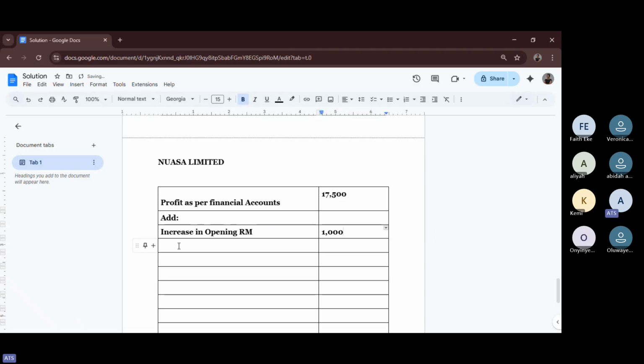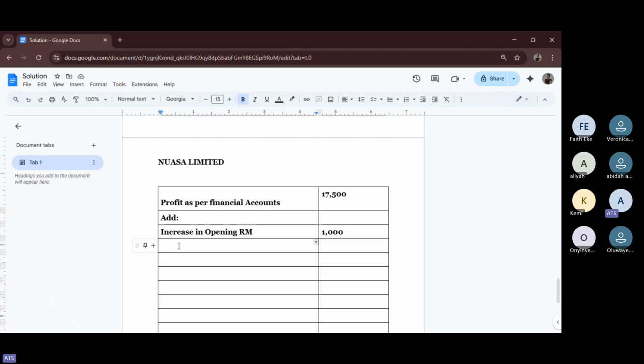Yes. Then look at it again. Do we have an increase or decrease in closing inventory of raw materials? Increase. So are we adding that or deducting it? We're deducting it. Okay, so let's leave that for now.